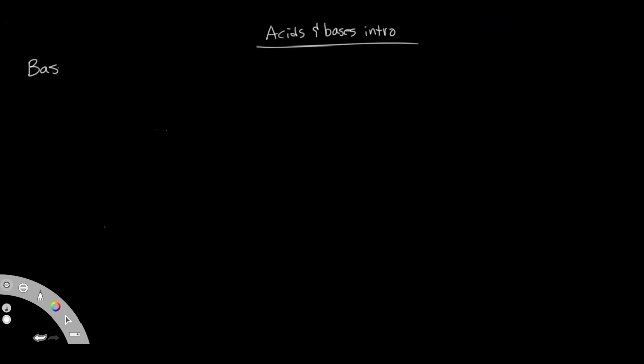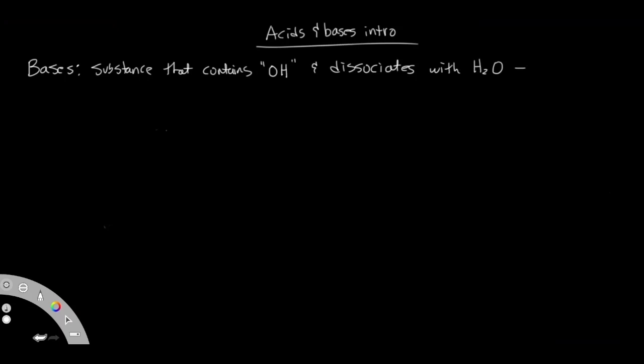Now what about bases? Well, bases, we've got to similarly write here that even though it's a substance that you're familiar with, we know that it's a substance that typically contains this hydroxide, and rather than ionizing, we've got to say that it actually dissociates with water to create our hydroxide over here.